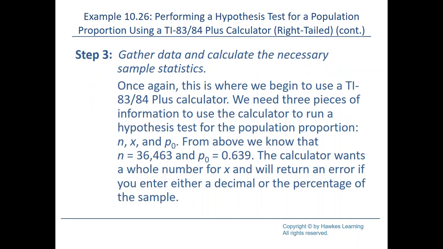Step 2 is just going to be gathering up that data, and really in the calculator, all you need is your n, your x, and your p naught, and also whether it is greater than, less than, or not equal to. Again, the calculator will run pretty much everything out for you, so that's a really nice part about it.